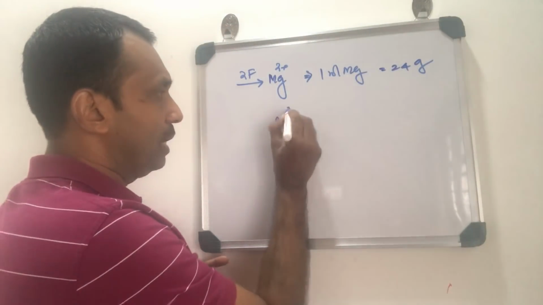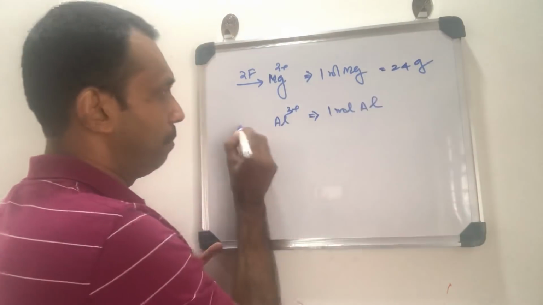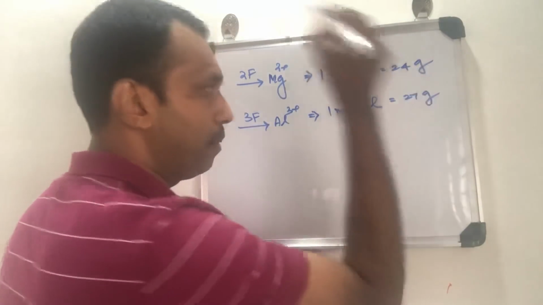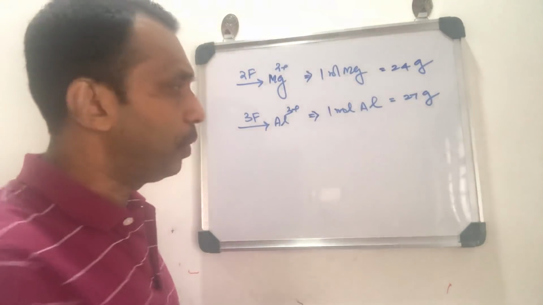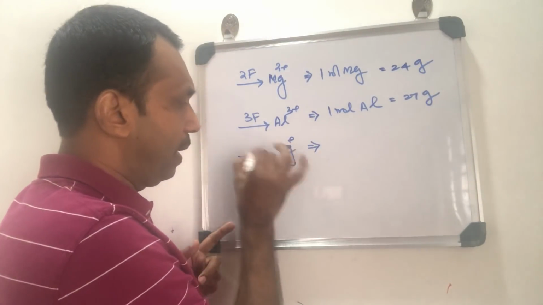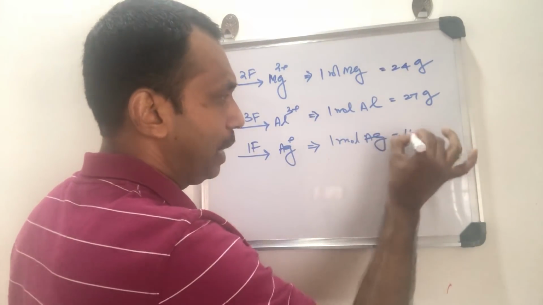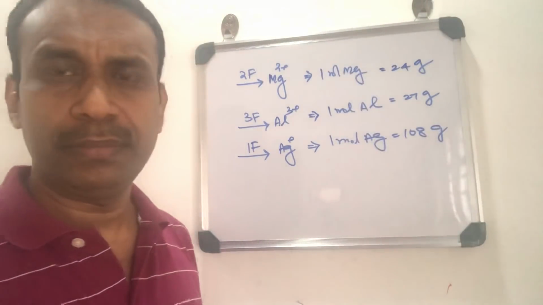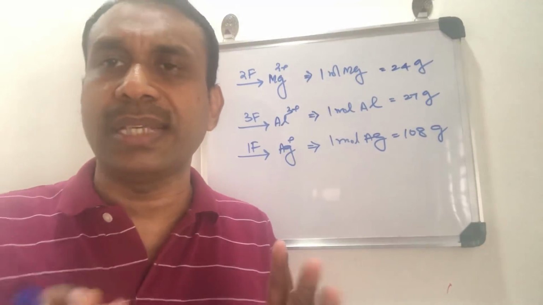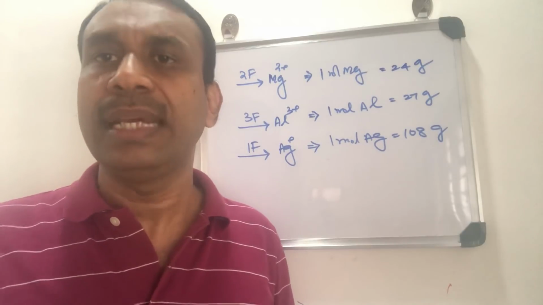Similarly, Al3+ converted into 1 mole aluminium requires 3 Faraday of electricity, which is 27 gram. What about silver? Ag+. How many Faraday? 1 Faraday produces 1 mole silver, which is 108 gram. These are certain examples for solving numerical problems. Simply find out the charge of the ion, then you will get an idea how much Faraday is required for that conversion.